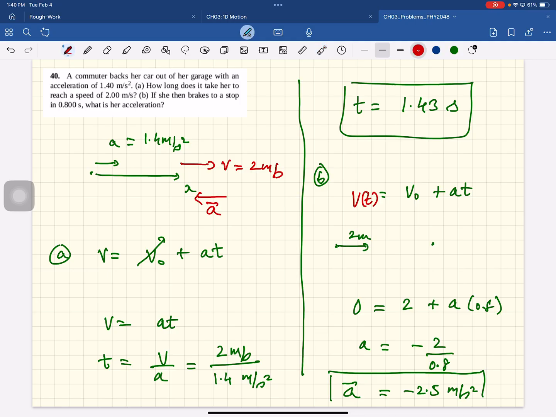And so if you want, you could use this equation. The other equation is x equals x naught plus v naught t plus 1/2 at squared. That's the function you're getting it from.